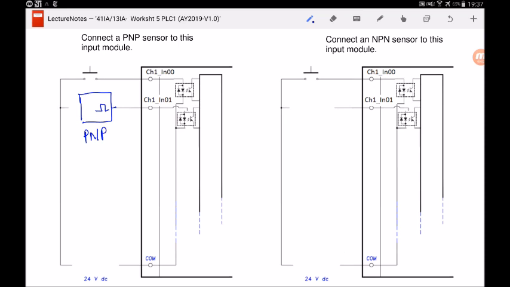Earlier, I already taught you PNP is a sourcing sensor, which means current is flowing out of the sensor. So since PNP is a sourcing sensor, the current will flow this way, clockwise. Now let's draw the polarity at the COM terminal first. And as I've illustrated to you, if the current is flowing into the power supply, it means that it's connected to the negative terminal first.